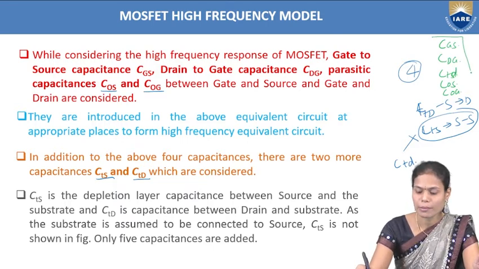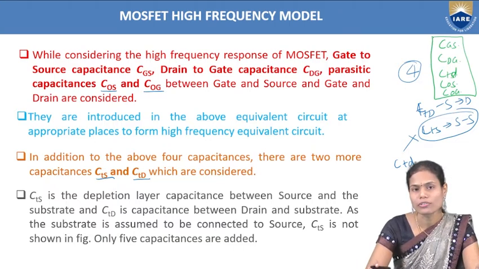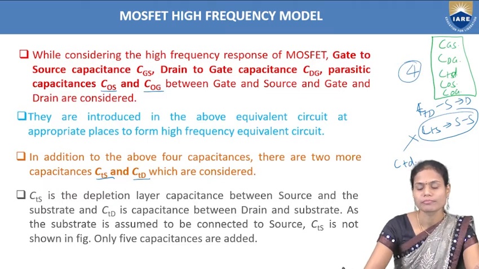So these 5 capacitors we need to include in the small signal equivalent circuit of the MOSFET to make it the high frequency equivalent circuit.